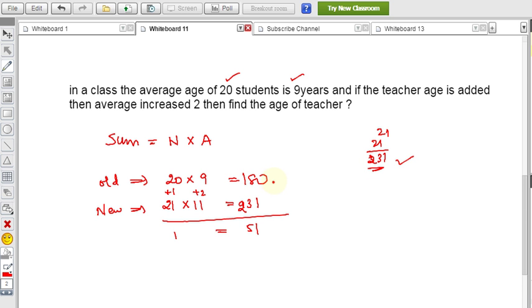Now we have to do the subtraction. In subtraction always take the bigger number and subtract the smaller one. You get 51 years as the difference. The difference between old and new is nothing but the age of the teacher.